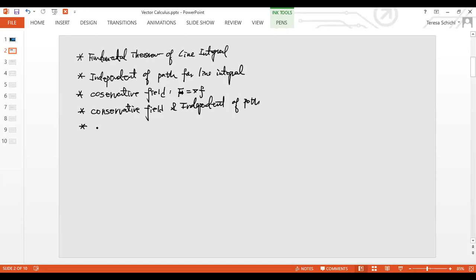And the last thing we want to do in this lecture is to test for a conservative field. If you give me a vector field, how do I know it is conservative? Of course, you can try to find the function f, but what if it's pretty complicated and not obvious? How do I test whether this field is conservative?